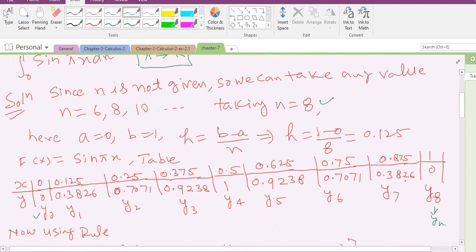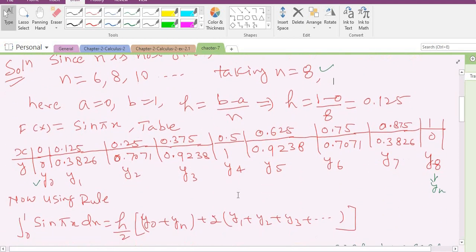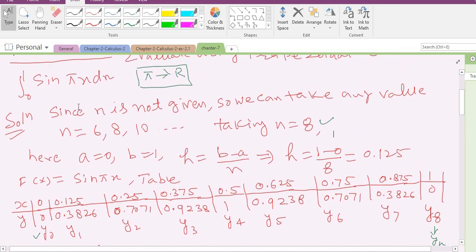Now, because I need these values y0, yn, y1, y2, y3, you have to make a table like that one. Make a table of x and y and start from the lower limit. The lower limit is 0, so put x equal to 0. When x is equal to 0, what is the value of sine pi x?